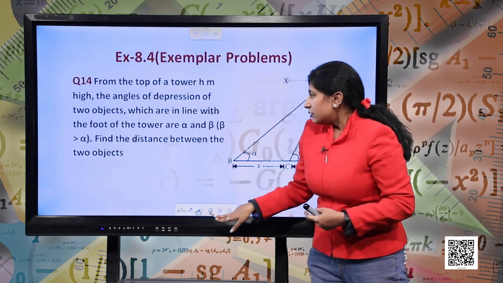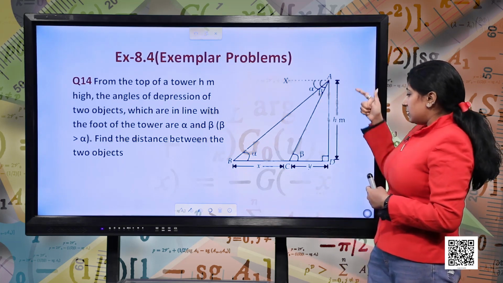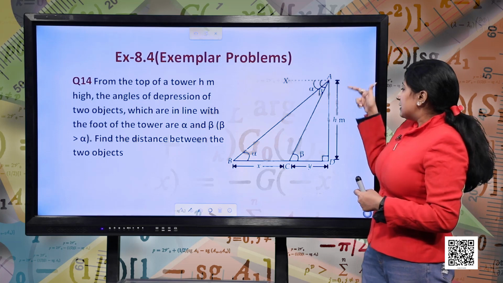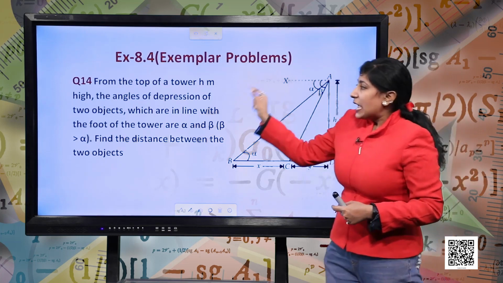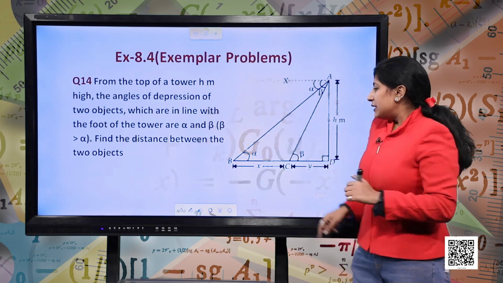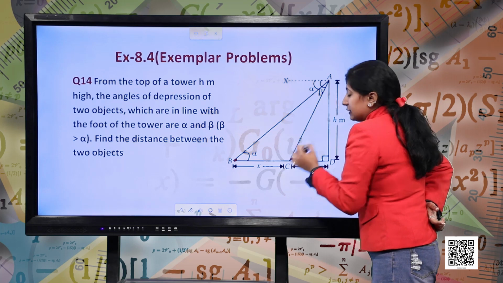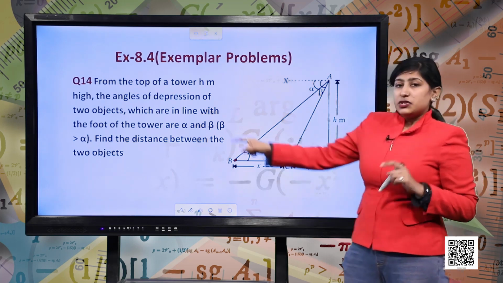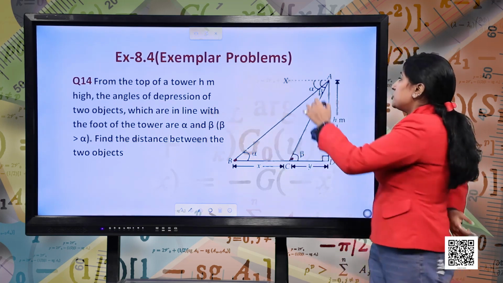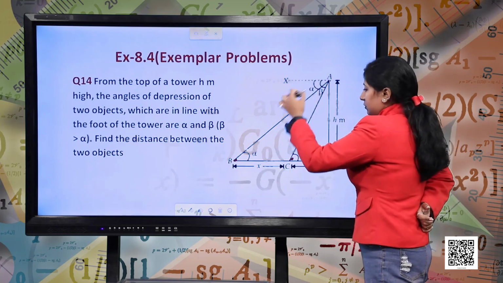So let us see how the figure is. See, from the top of a tower, this is the tower, this is h meter high. The angles of depression of two objects which are in line. So these are the two objects, B and C. It is talking about angles of depression, which means when you look from A to these points.